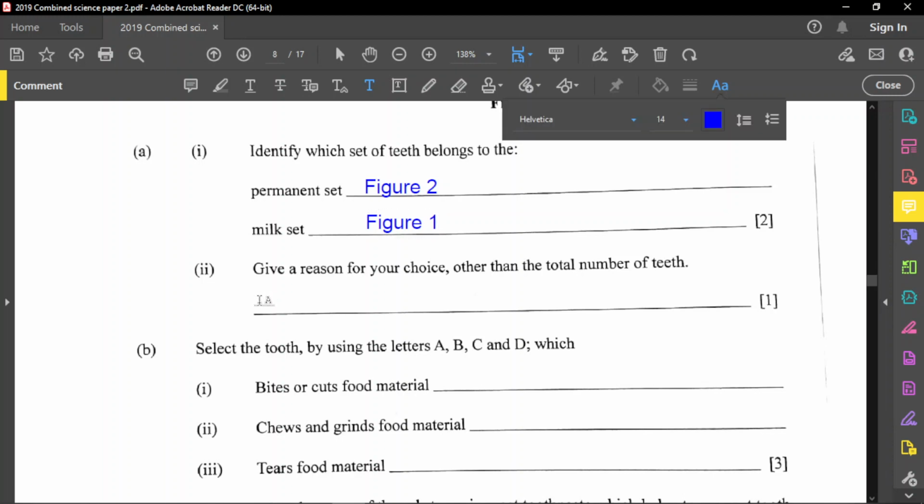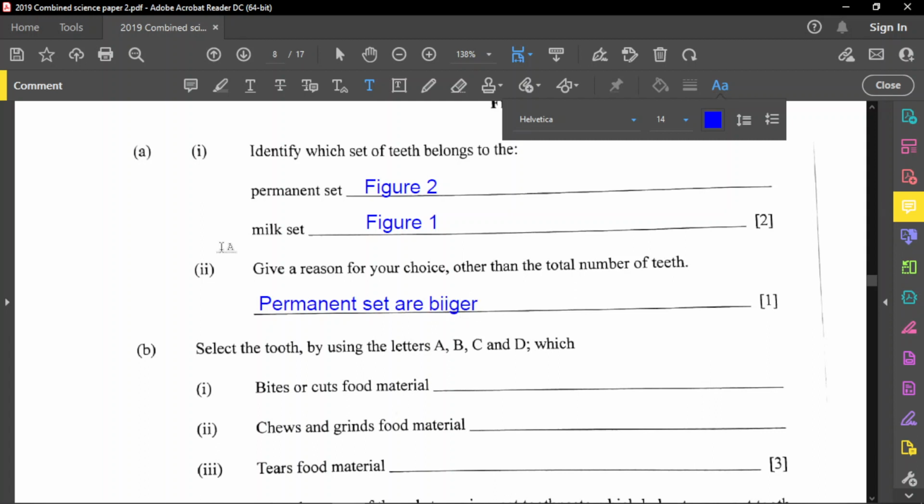So let's give an answer right here. The permanent set are generally bigger. Let's say bigger because the diagram shows that they're bigger.